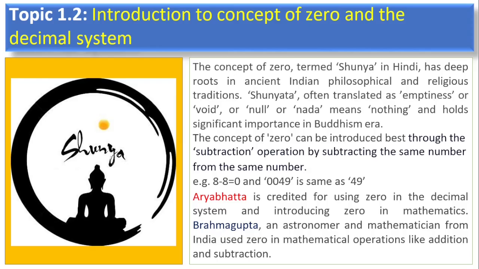The second place from the right is called tens place, and the third is called the hundreds place, etc. We can very easily add two numbers, subtract two numbers, and similarly multiply and divide numbers. So the arithmetic using the decimal system becomes very easy and practically possible, which is not the case with the Roman number system. So this concept of zero is a gift given to the world by the Indian scholars.